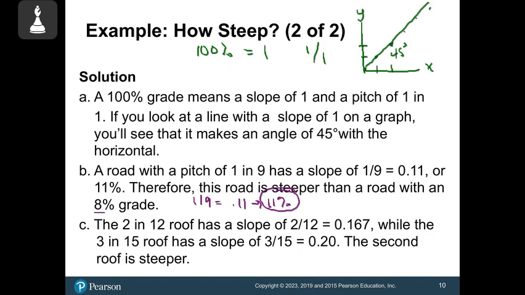And then we'll do the same with the roof. 2 in 12 has a slope of 2 over 12, which turns into the decimal 0.167, or roughly 16.7%. 3 in 15, if I change it to a fraction of 3 over 15, is 0.20, or 20%. This value is larger, so it is also steeper.